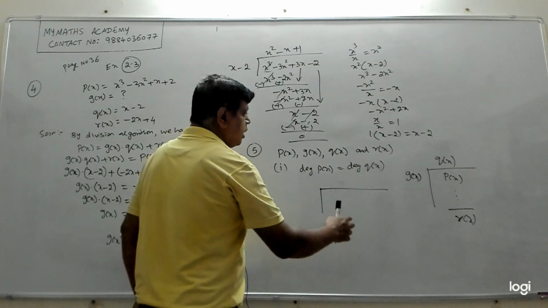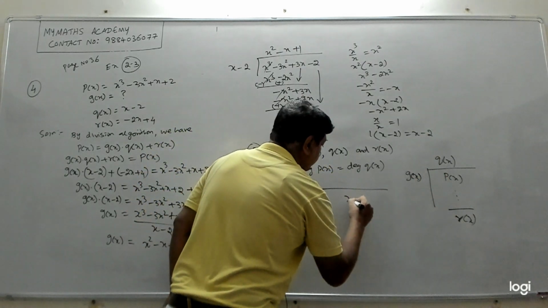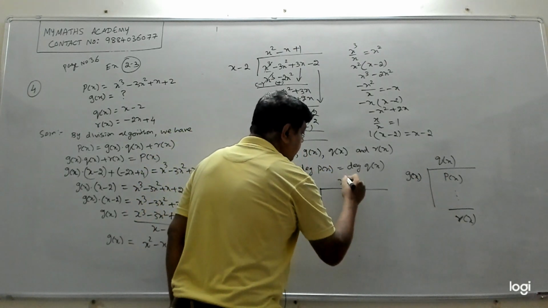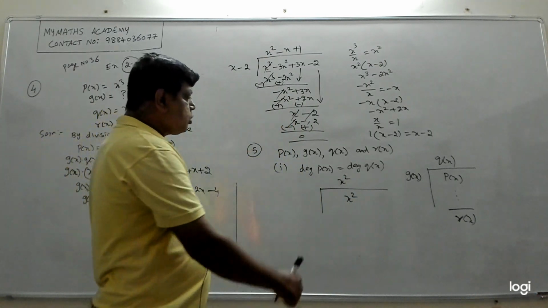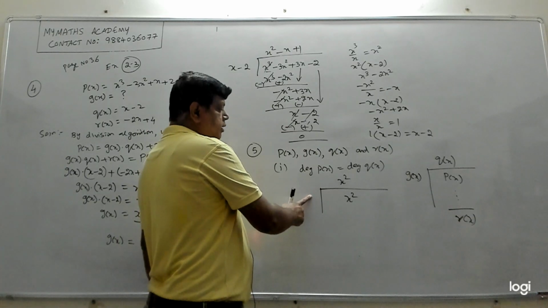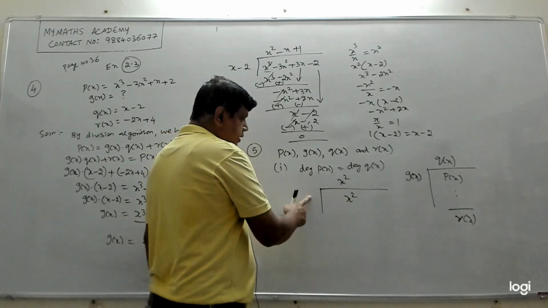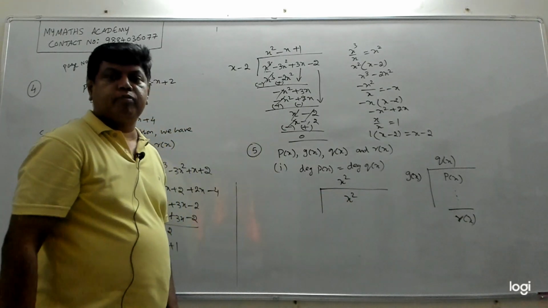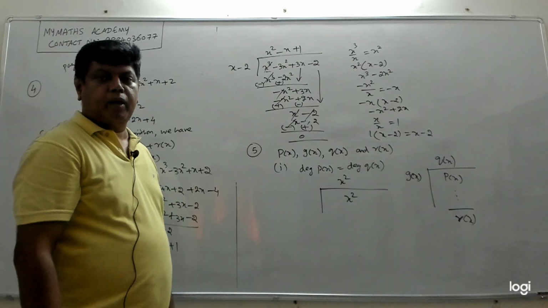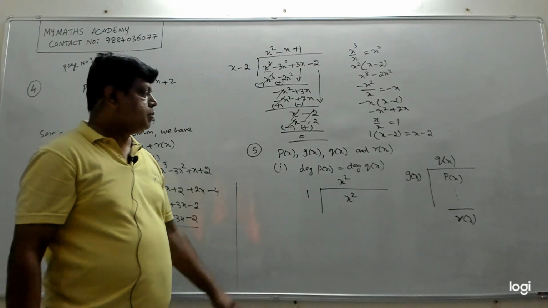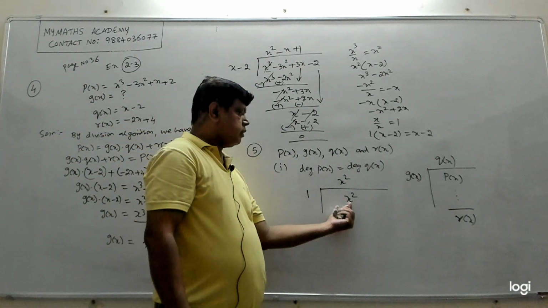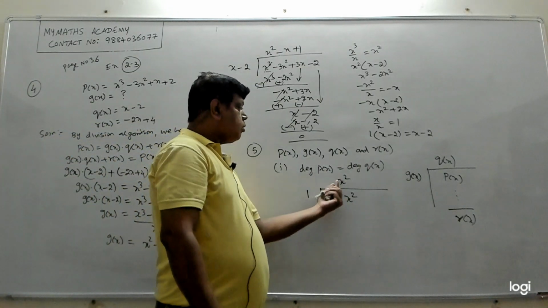So suppose I put x square here, and I have to get x square here also, then what should I have here so that if I divide this by this, I get x square? I should put only 1, right? Which means x square by 1 will give me x square.